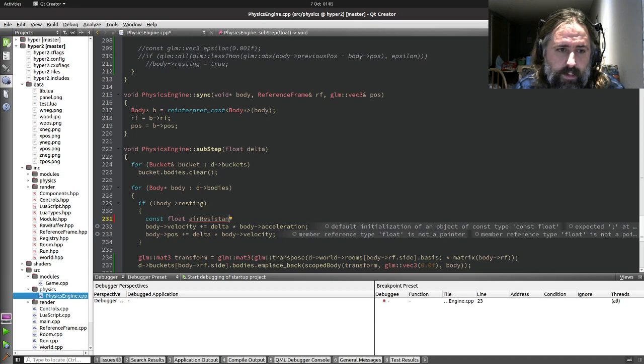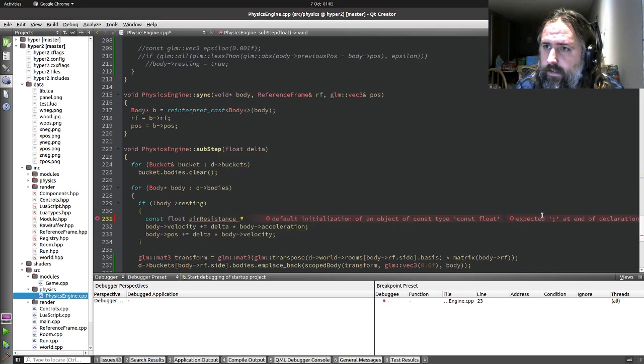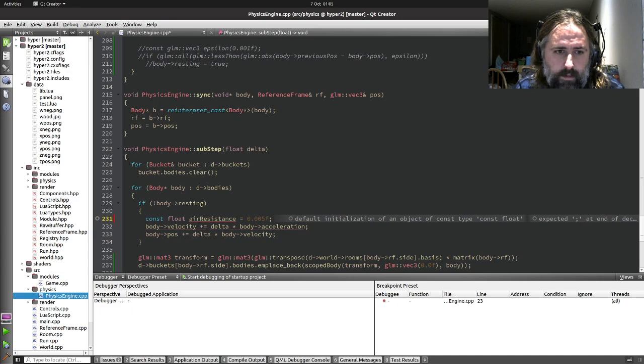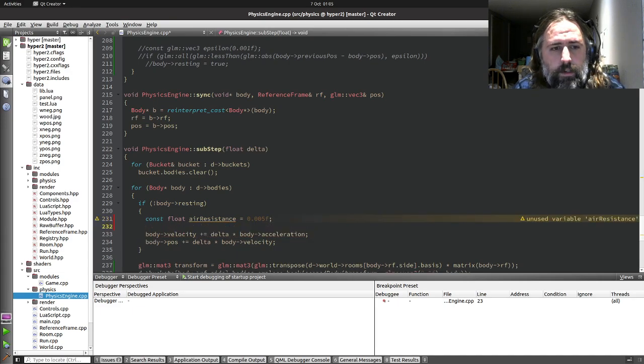Is it resistance or resistance? It is resistance. I don't know. Let's say some small amount. So this is going to be an acceleration. Resistance. Yes.